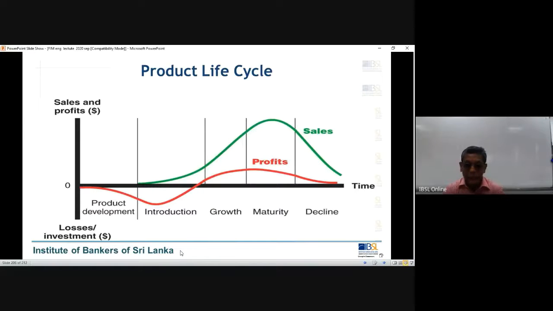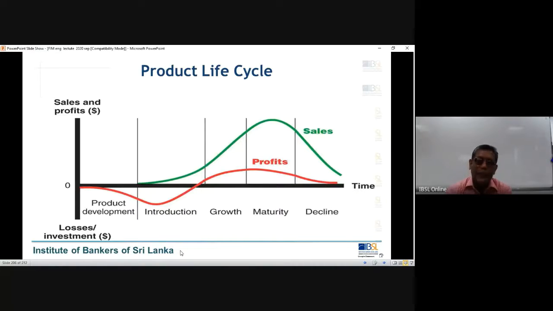Harvest, right? Those are strategies. Similarly, you can use your product life cycle to come up with strategies.